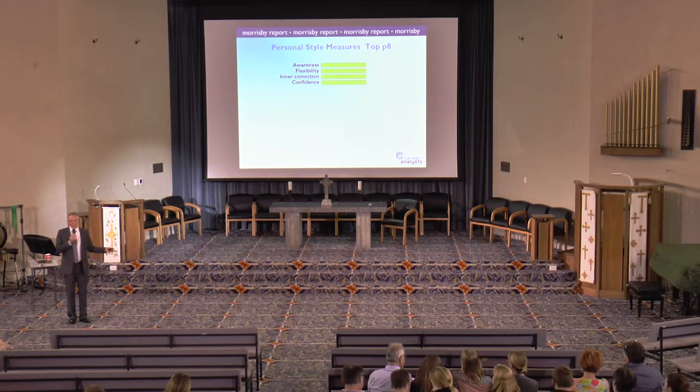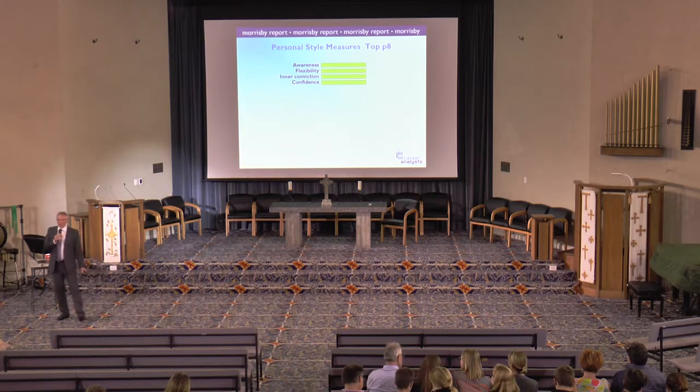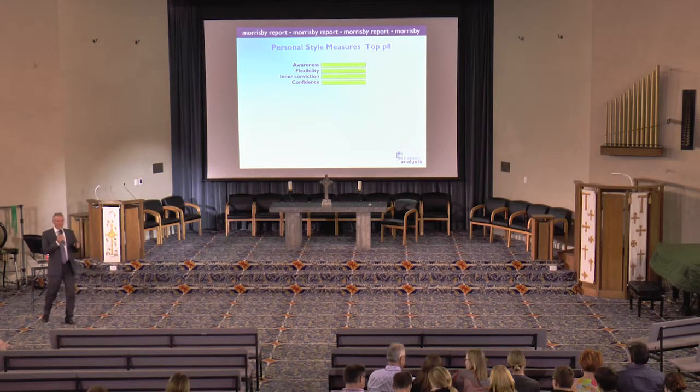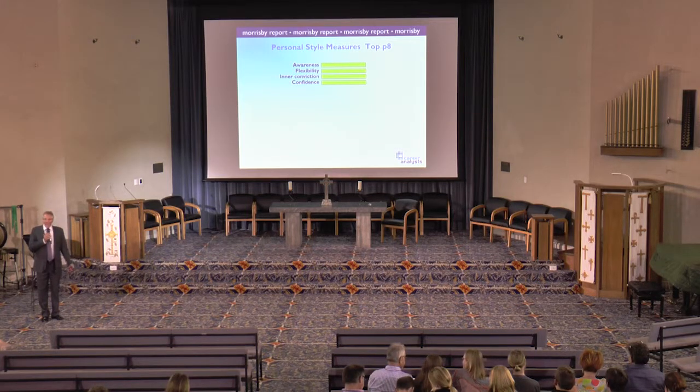Answered multiple choice questions about your preferred style of behaviour. We haven't used that approach with the students, so we didn't ask them any questions about themselves in order to get to these bars. Instead, we tested them. And normally you'd never use the word test and personality in the same sentence, but that's how Morrisby approached this.